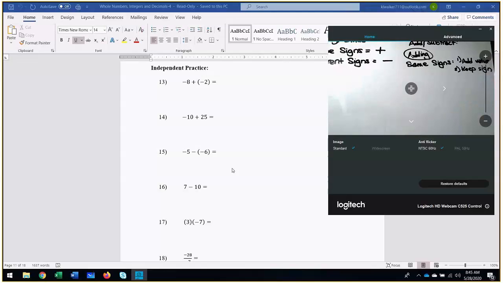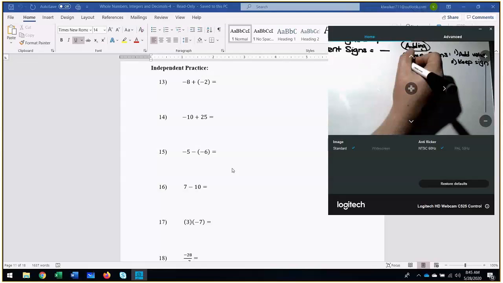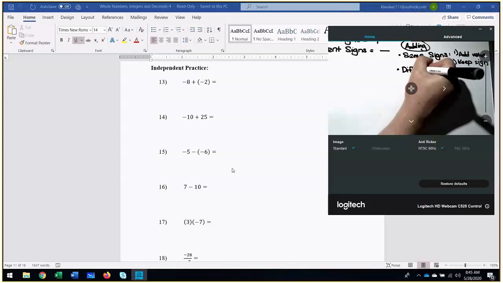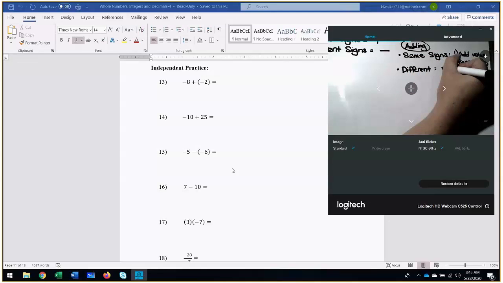So 2 positives stay a positive, 2 negatives stay a negative in this case. When you're talking about different signs and you're adding, you subtract the values and you keep the sign of the larger number.